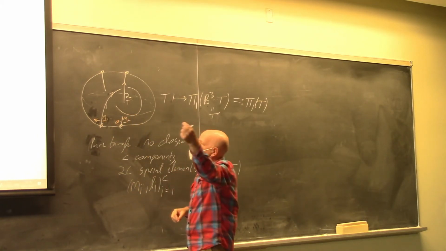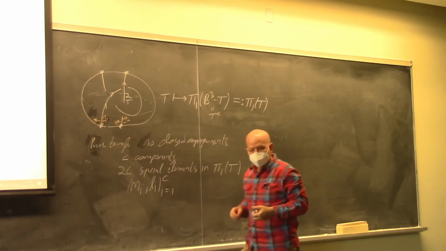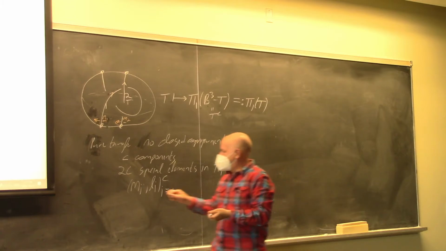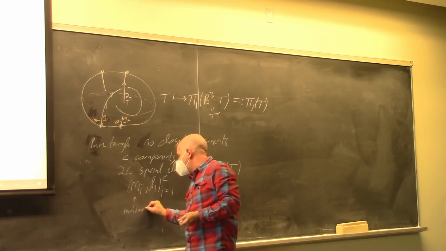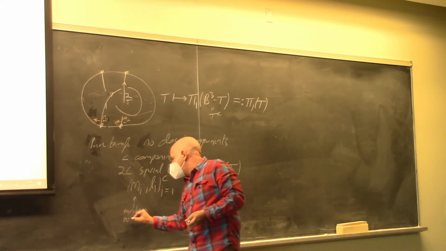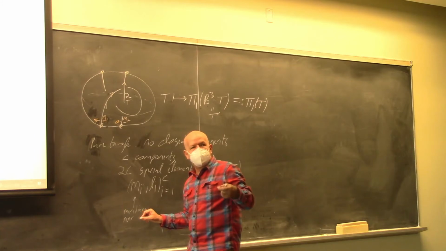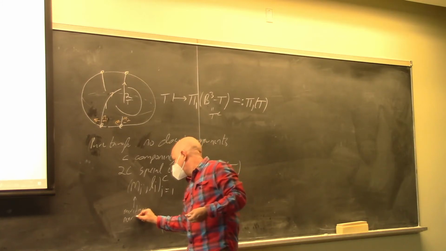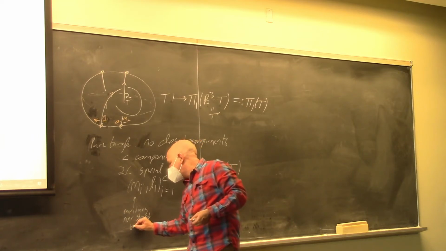So again, a loop starting from my eye, heading to here, going under, coming back. Okay? So these are meridians near the tail of the strands, the beginning point, the strand beginnings.